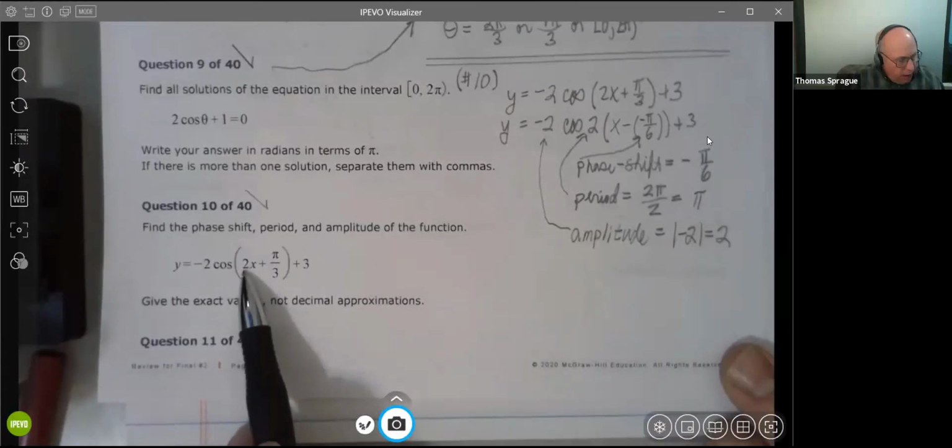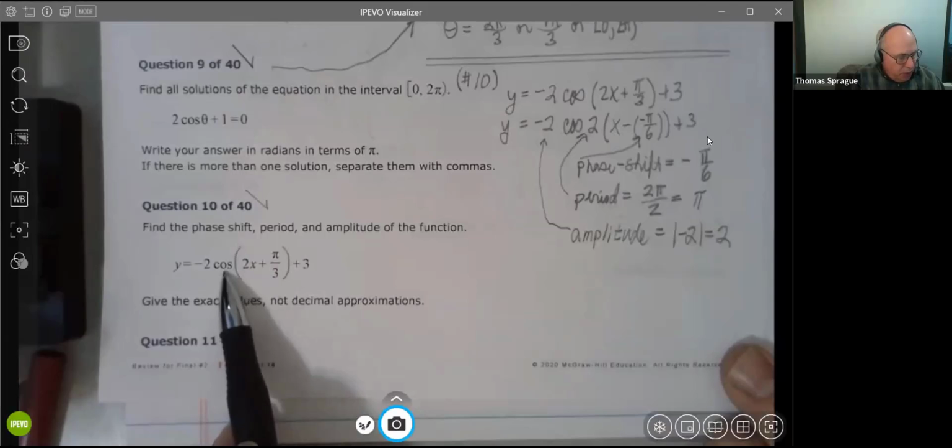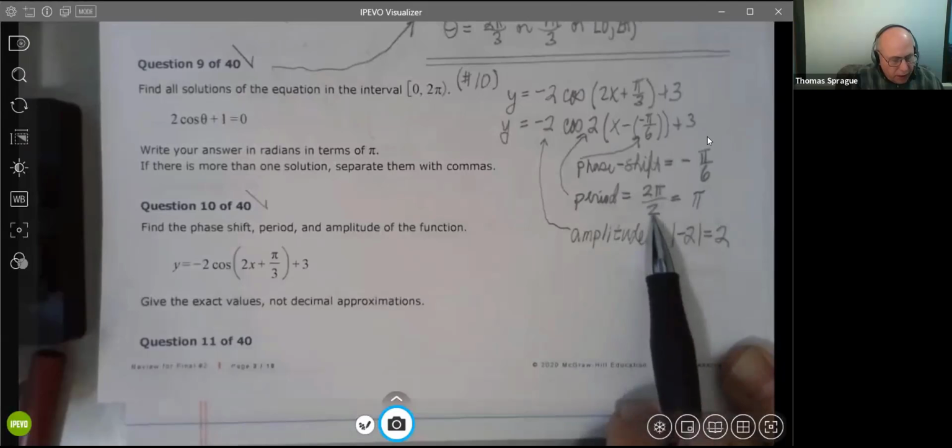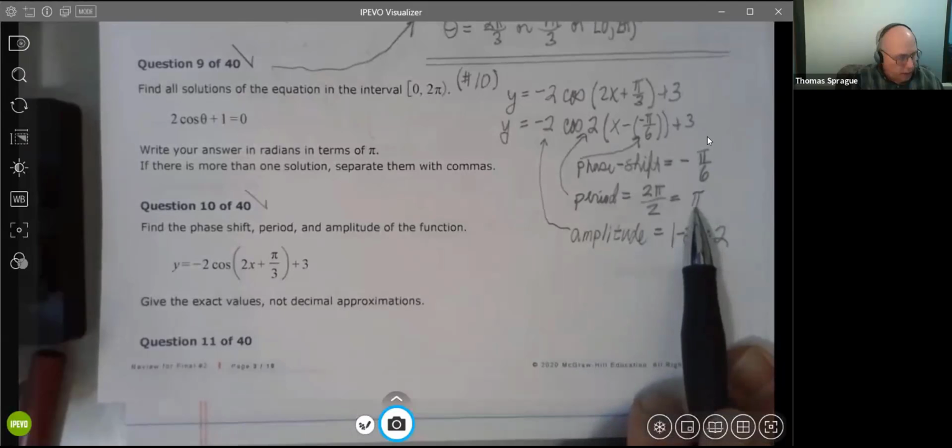The period, you look at the coefficient on the x, and you take the period of cosine, which is 2 pi. 2 pi divided by 2 is pi.